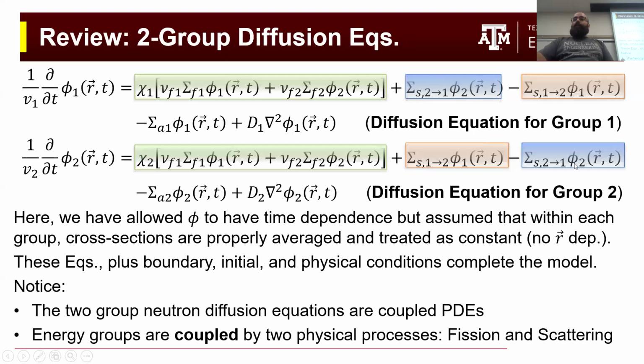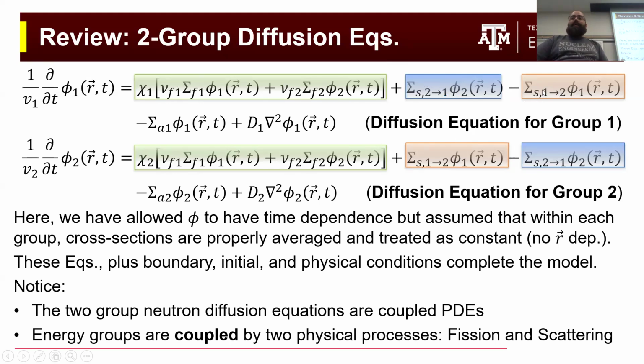And then there was also coupling because of our scattering reactions, in that neutrons can be scattered out of the current group and into the other group. If we're looking at the flux one equation, the fast flux equation, neutrons can get scattered from the high energy group into this group, and that's why there's a plus sign here, because this is a gain term for group one.